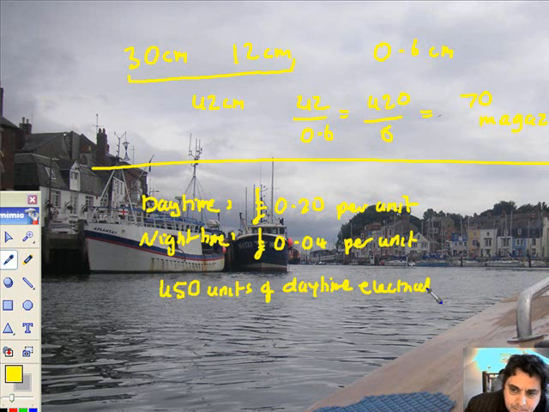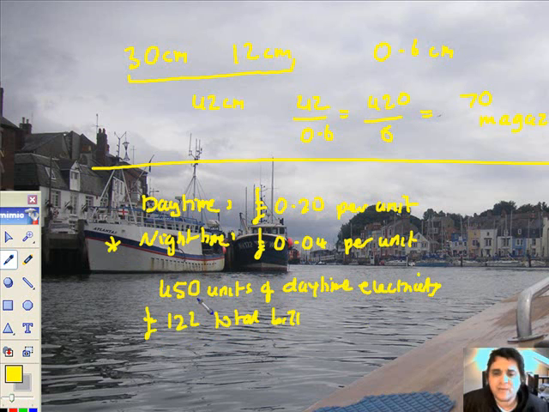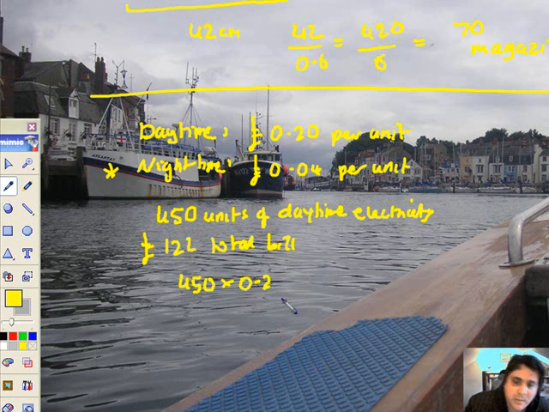Right. His total bill is £122, and we want to work out the number of nighttime units that he used during that period. Alright, so this 450 units relates to the daytime amount of electricity used, so we need to work out 450 times 0.2 pounds.